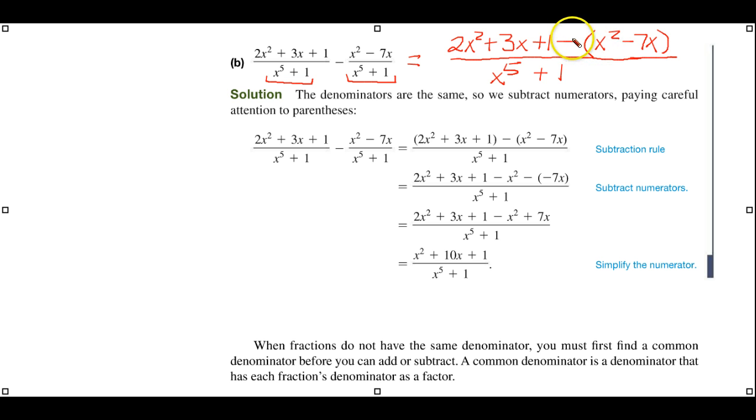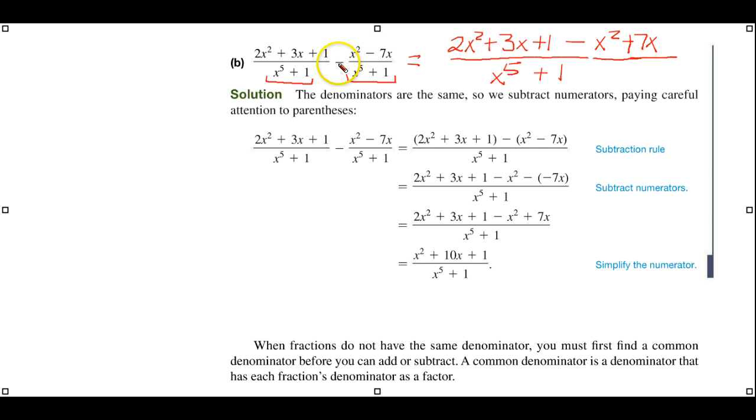So in a sense, as we remove this parenthesis, this x squared is going to become negative, and this one will become positive. So I'm just going to erase this here. And now we have put our numerator with the proper signs.